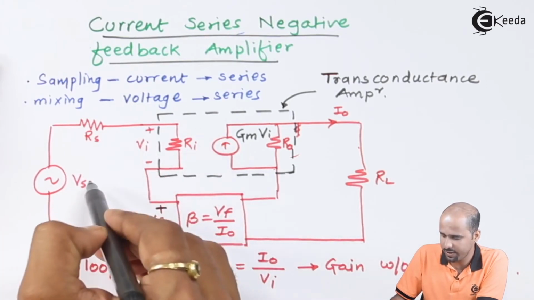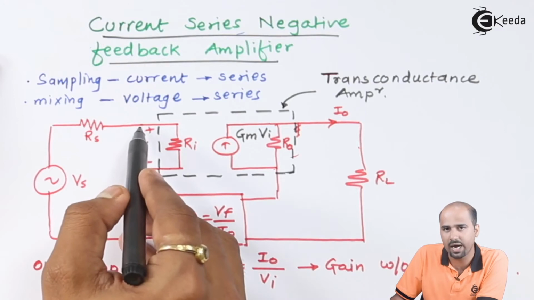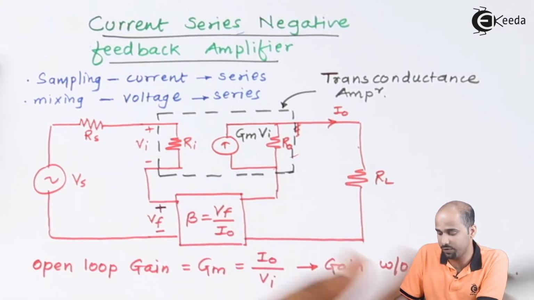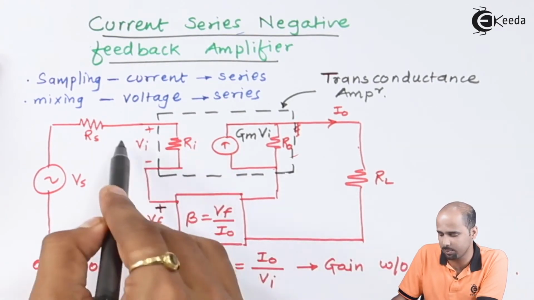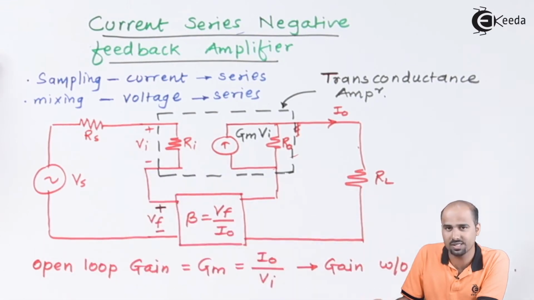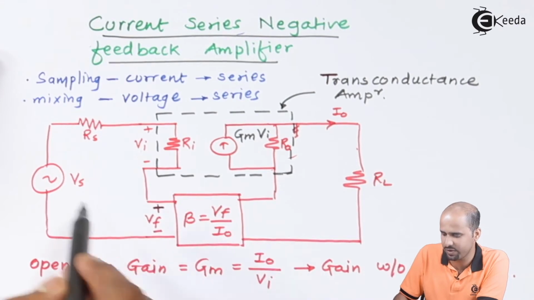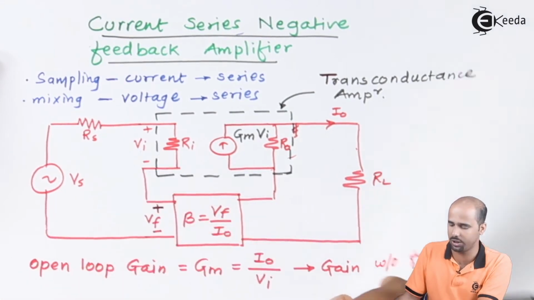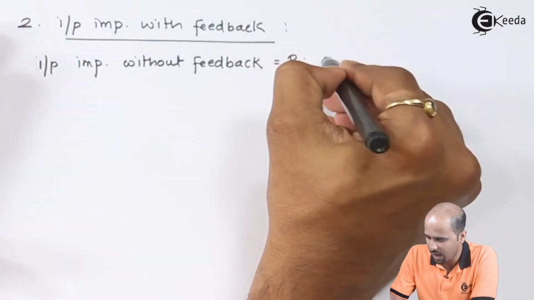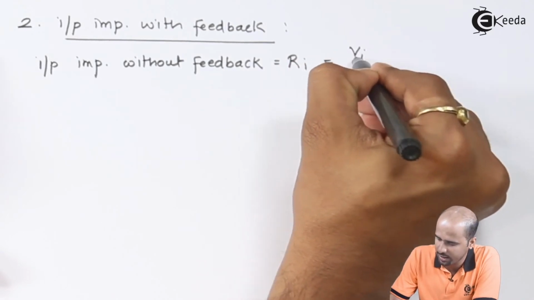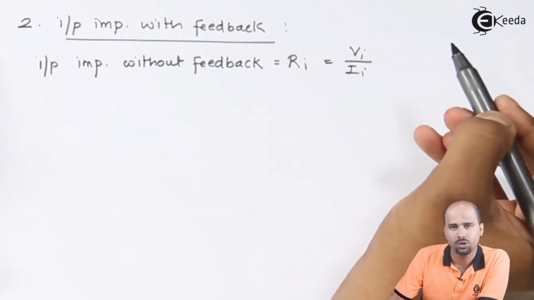If I'm not considering this feedback, Vs itself acts as Vi. So Ri is nothing but Vi divided by Ii, the resistance without feedback.